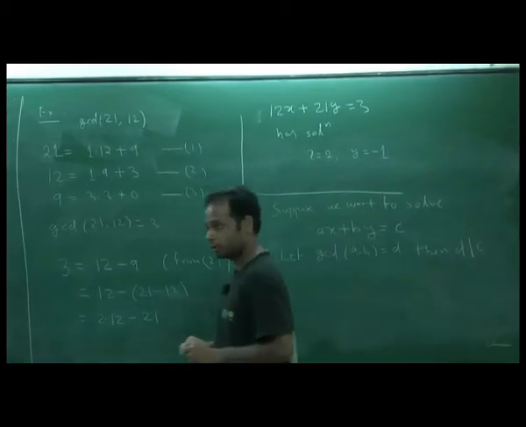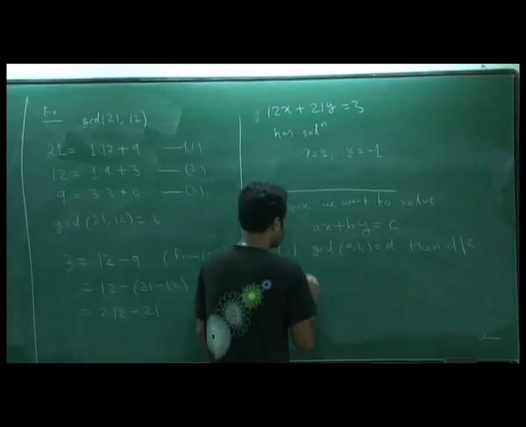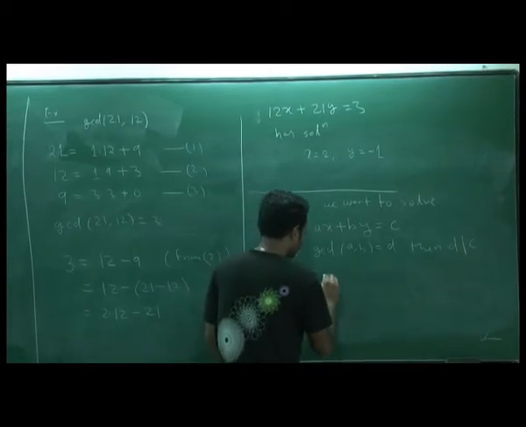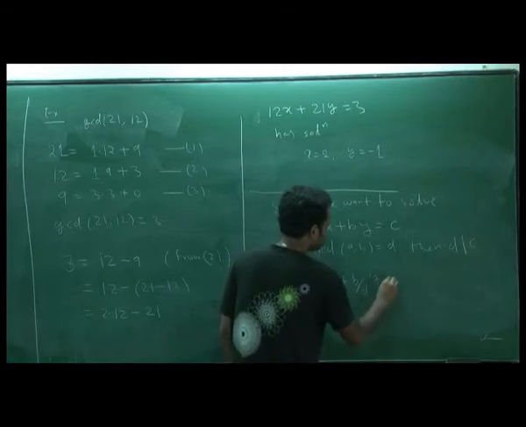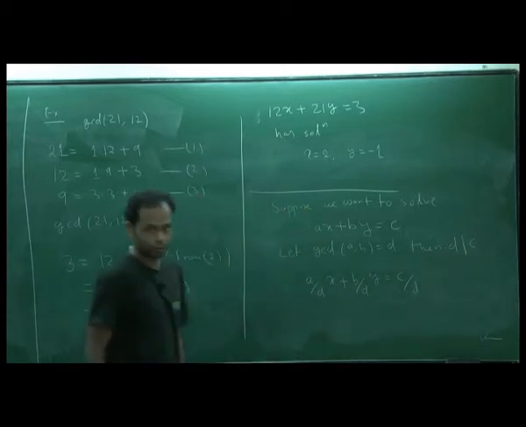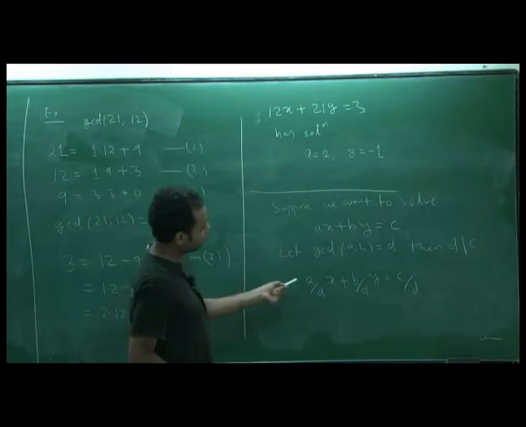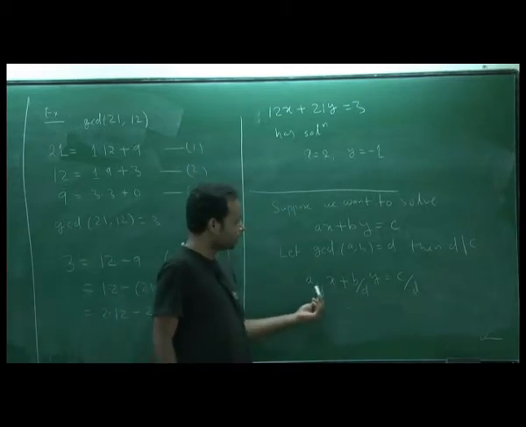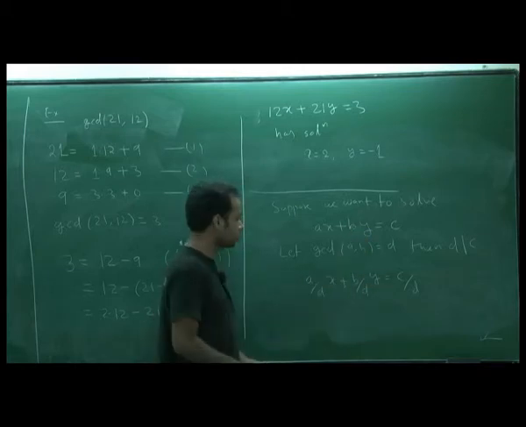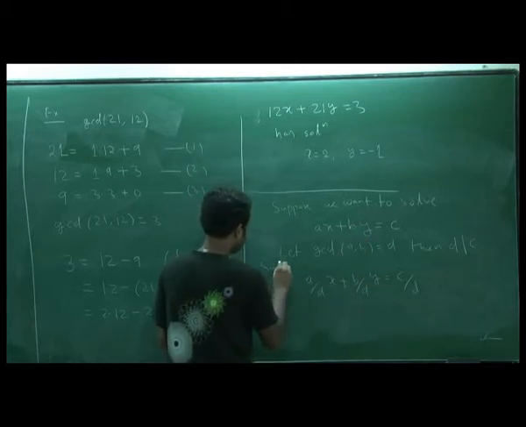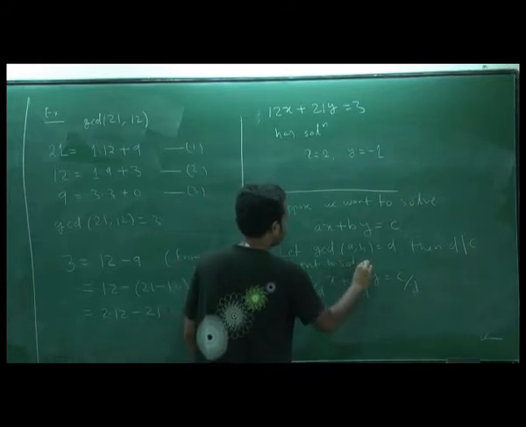Okay? So what you get is A by D times x plus B by D times y equal to C by D. So we want to solve this equation, and if I multiply by D, then the same x and y will work for the original equation. So it is sufficient to solve this equation.